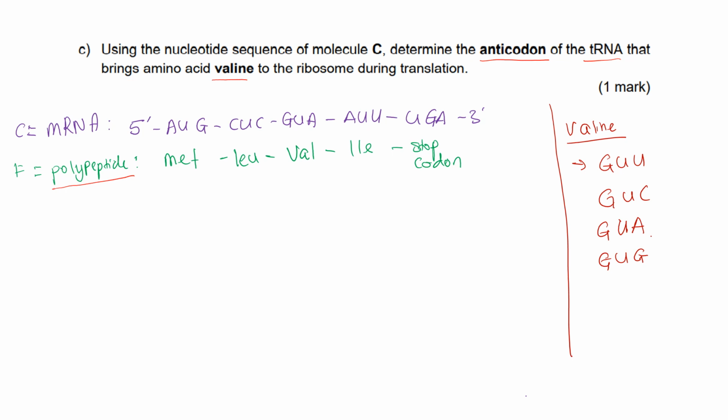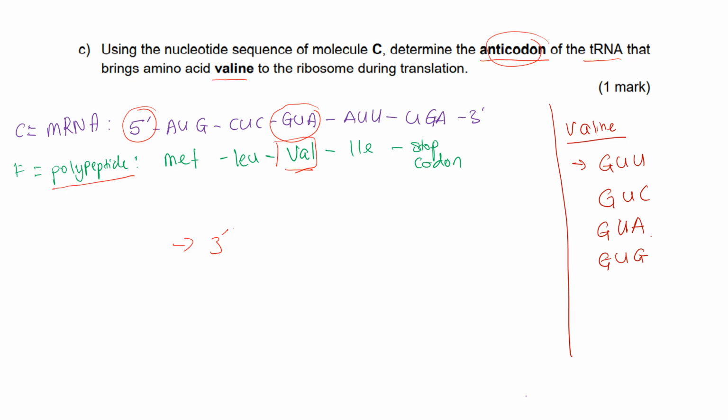So the question wants you to determine the anticodon of tRNA that brings the amino acid valine. Here is your amino acid valine, so the codon on the mRNA is GUA. For your answer, because mRNA starts with 5 prime, the anticodon of tRNA must start with 3 prime.